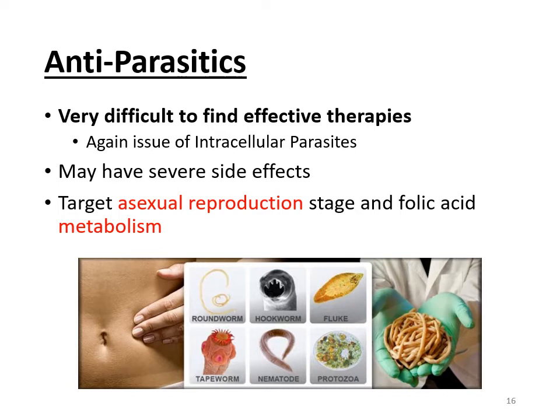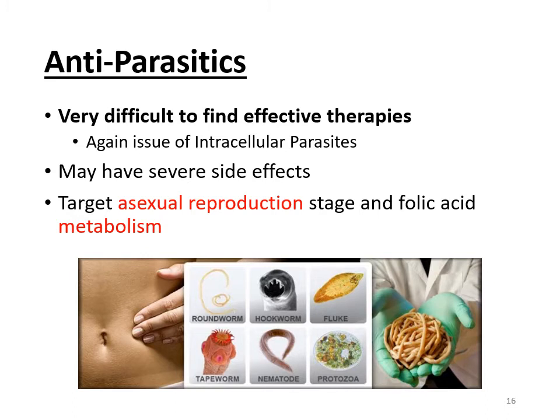So now looking at this slide, I just want to fill in the last piece of what we've been organizing so far. When we put infections in order in terms of difficulty to treat or find therapies for, the hardest to treat will be viral infections.